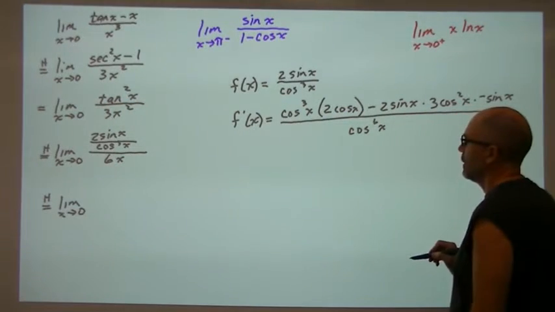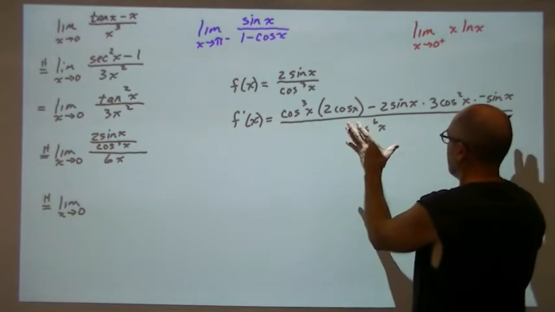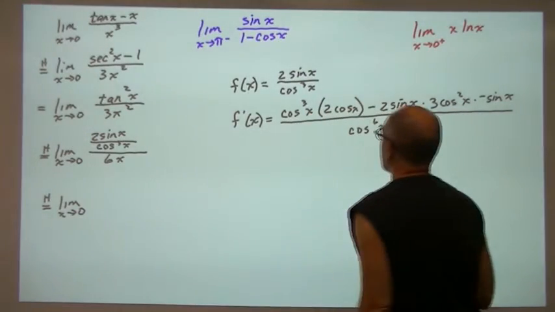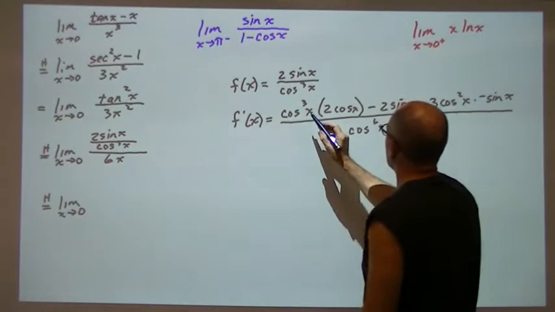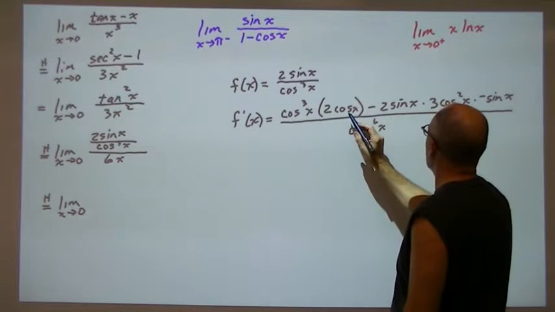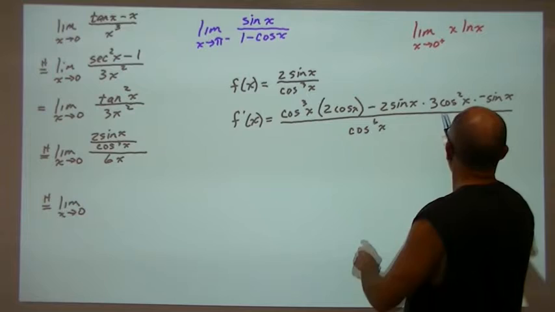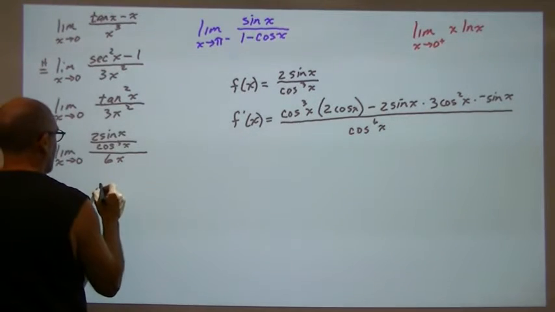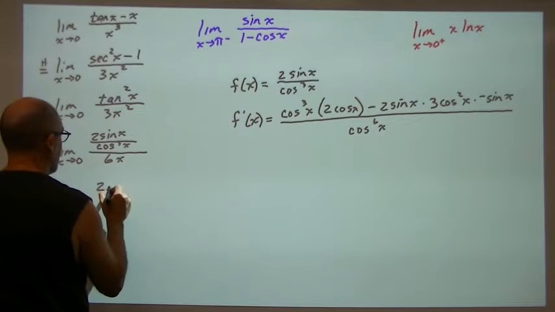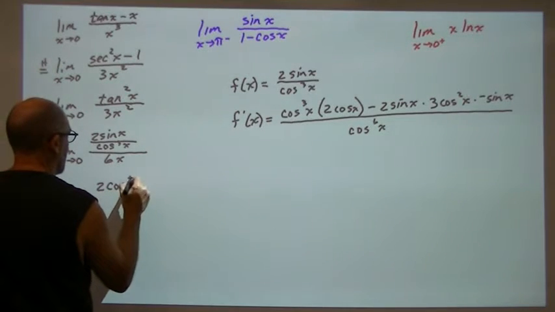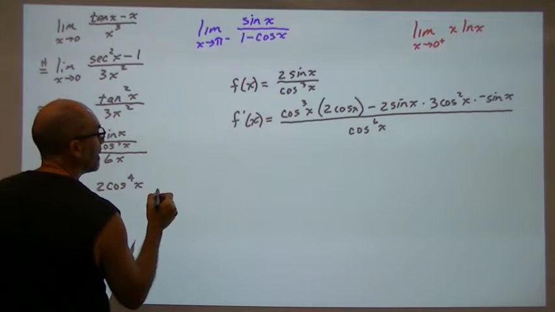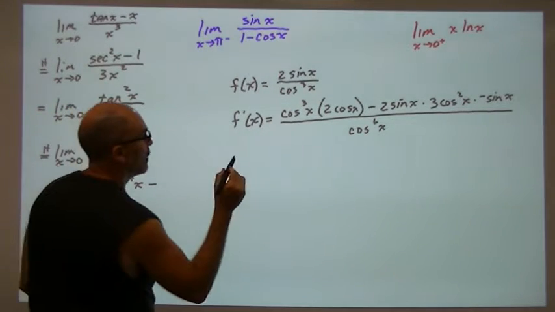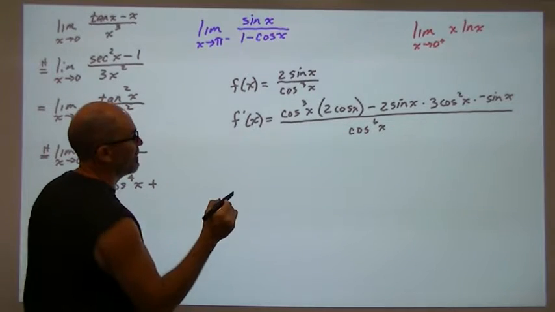So now, that's the derivative of the top here. The derivative of the bottom is 6. Now let's clean this up a little. So we have cosine to the 2, cosine to the 4th, minus, let's just do this. So it's 2 cosine to the 4th x minus, or that's actually going to be plus because negative times negative.